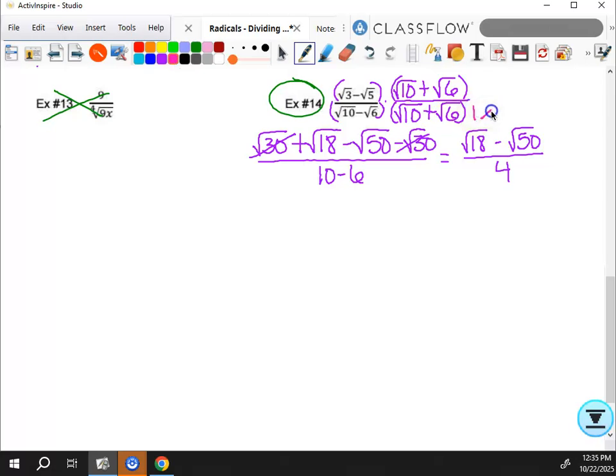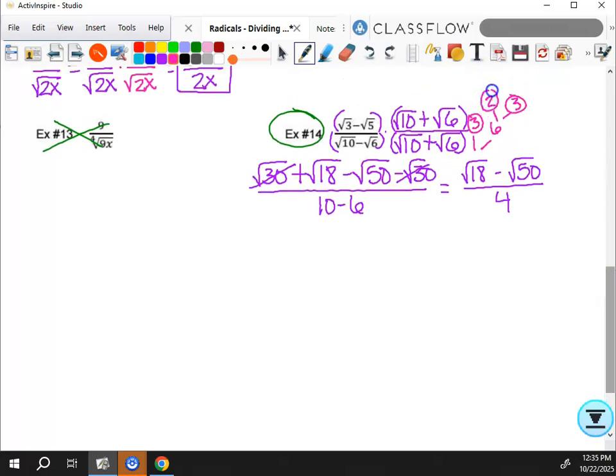So when I do 18, I can do 3 times 6, and then 6 is 2 and 3. And the 50, I could do 5 and 10, and then 5 and 2.